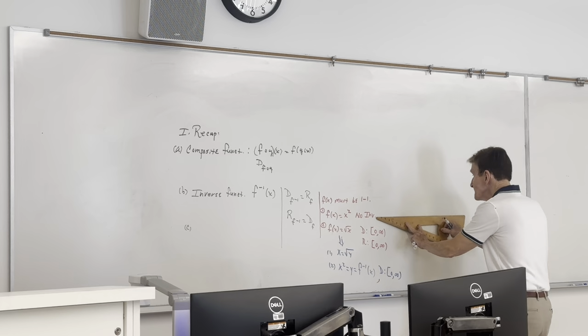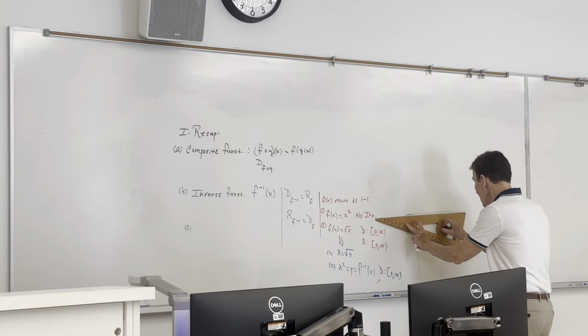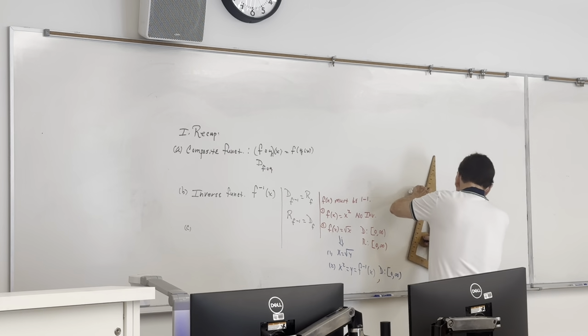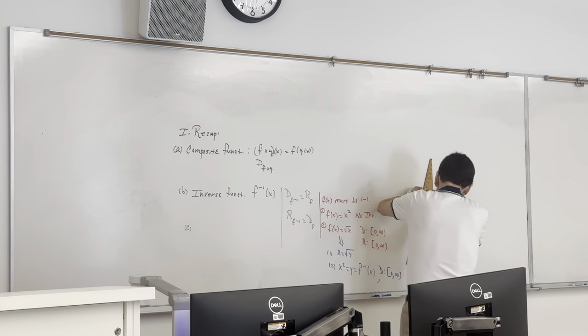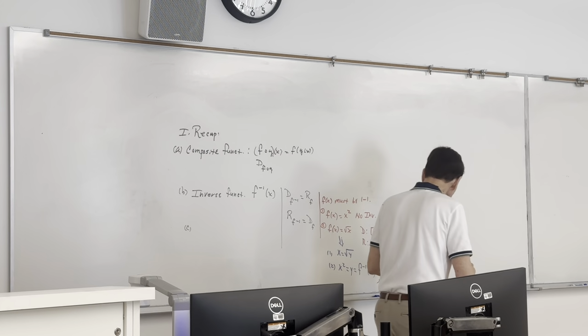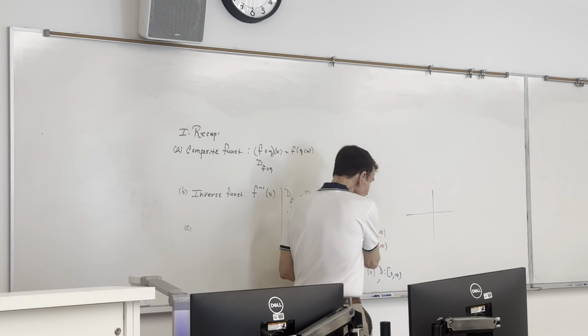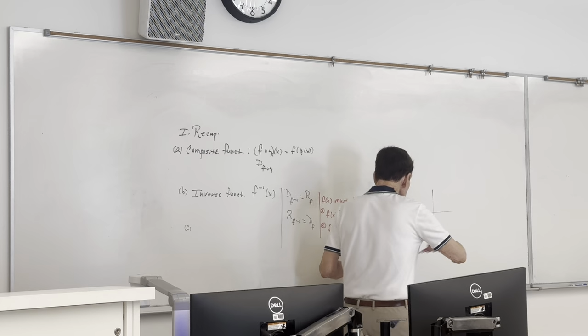Bear with me, guys, I need a marker to work. That's your grid. I hope you guys can see that, let me know. The red graph, we know the red graph is this shape.